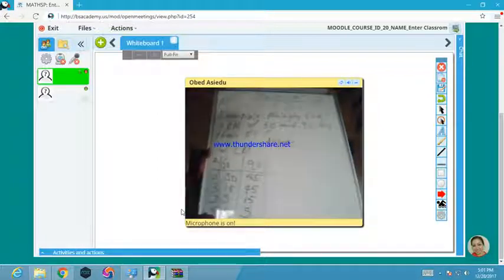Now the LCM becomes the product of the divisors: 2 times 2 times 3 times 3 times 5. 2 times 2 is 4, 4 times 3 is 12, 12 times 3 is 36, and 36 times 5 gives us 180.